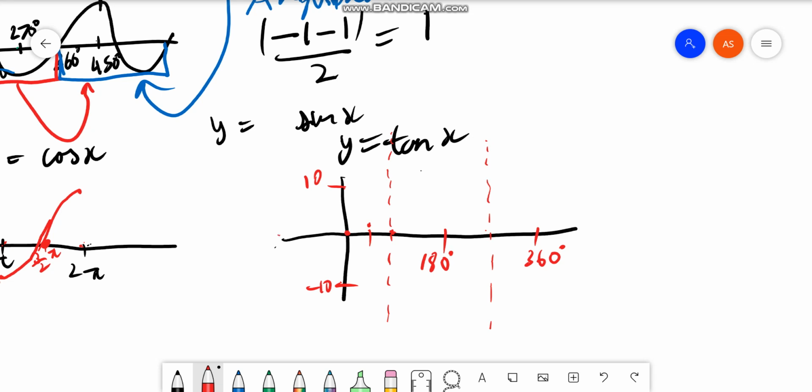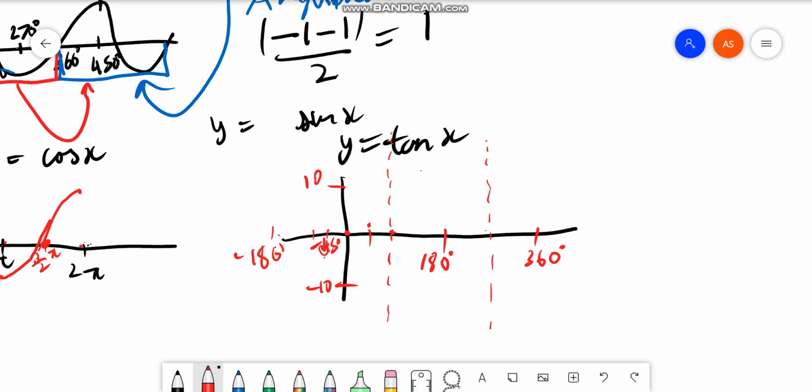Let's also do it here. So this is 180 degrees, going to be 90, and this will be 45. But this will be negative 45 degrees. So tan of -45 is -1, maybe somewhere here.